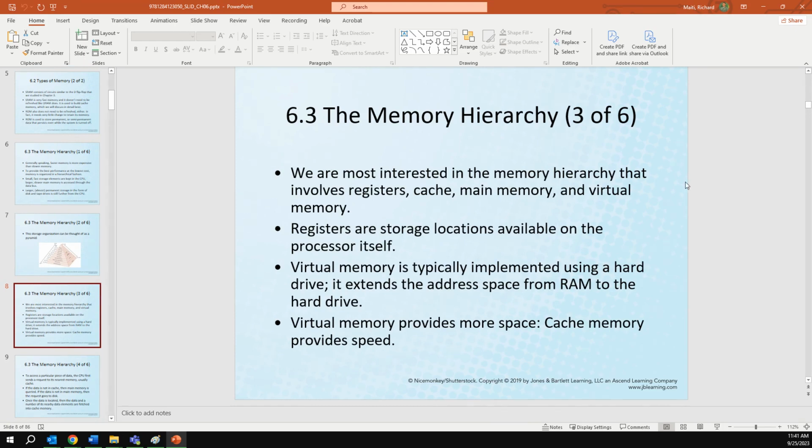So we're looking into the memory hierarchy that involves registers, cache, main memory, and virtual memory. Registers are storage locations available on the processor itself. Virtual memory is typically implemented using a hard drive, so it extends the address space of the RAM. Virtual memory provides more space, cache memory provides speed.